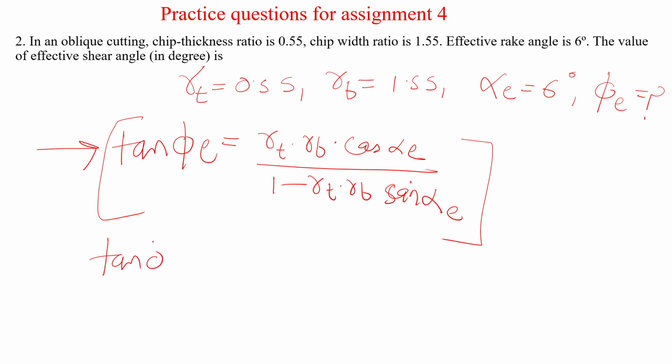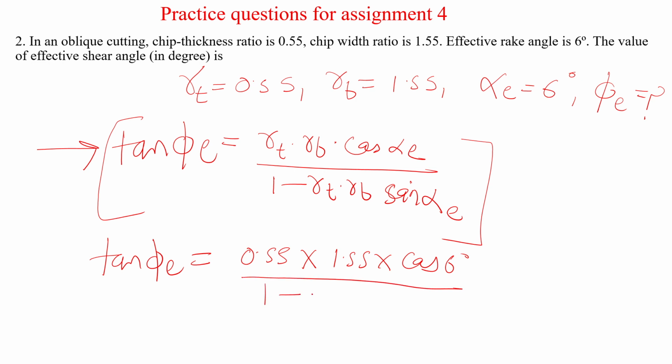Yes, sir. Tan phi E equal to RT is how much? 0.55 into RB is 1.55 into cos alpha, 6 degrees, upon 1 minus 0.55 into 1.55 into sine 6 degrees.